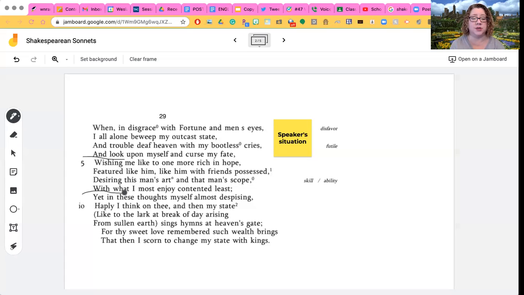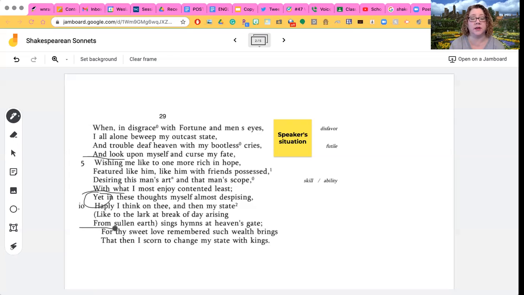So when fate wishing me like to one more rich in hope, featured like him, when I start wishing that I was more like this person, when I wish I had the talents of that person or this man's abilities, and I'm not contented with my own life and the things that used to interest me, with what I most enjoy contented least, then we have the shift again right here, right? In line 9. So the third quatrain there is the volta.